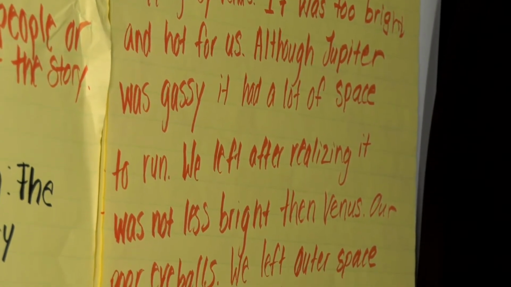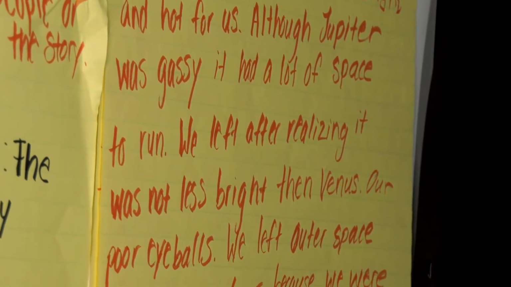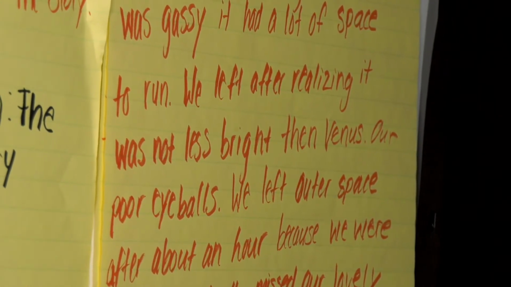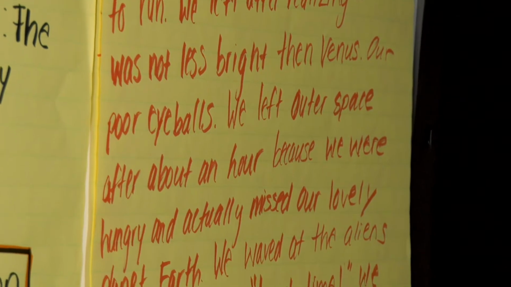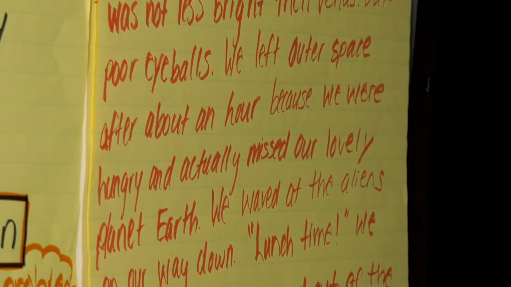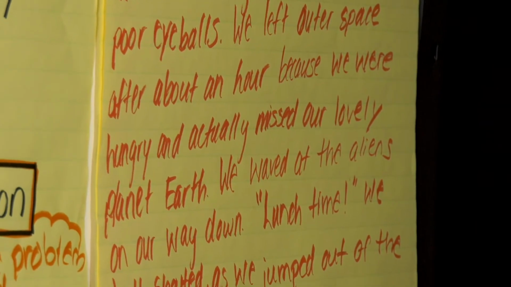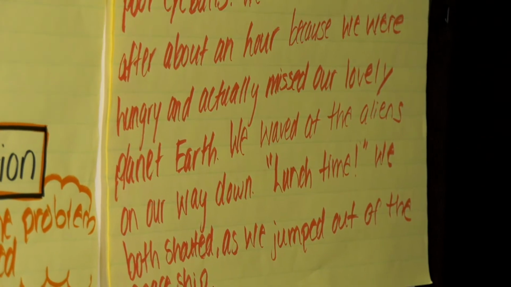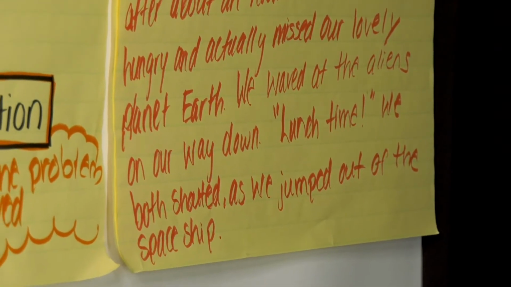We left after realizing it was not less bright than Venus. Our poor eyeballs. We left outer space after about an hour because we were hungry and actually missed our lovely planet Earth. We waved at the aliens on our way down. Lunchtime, we both shouted as we jumped out of the spaceship.